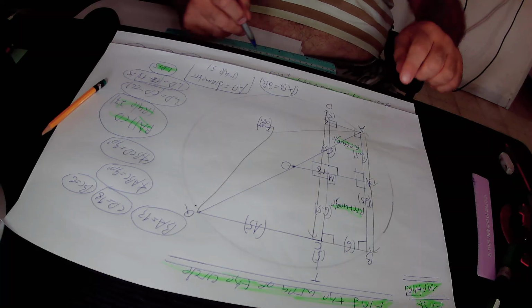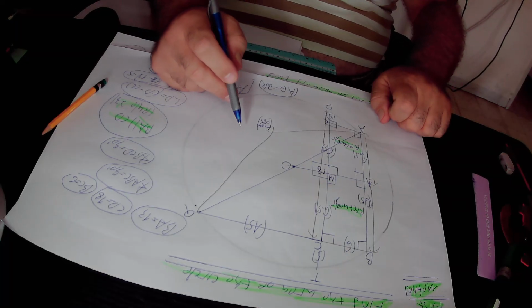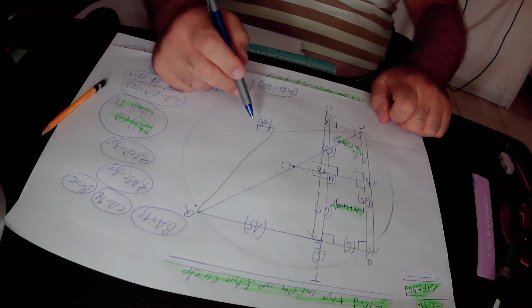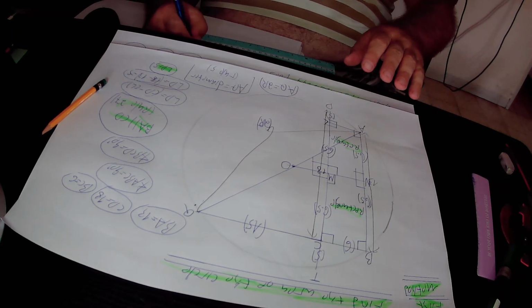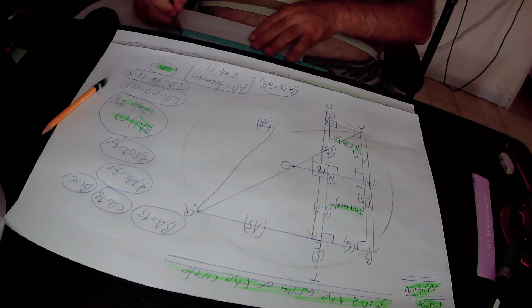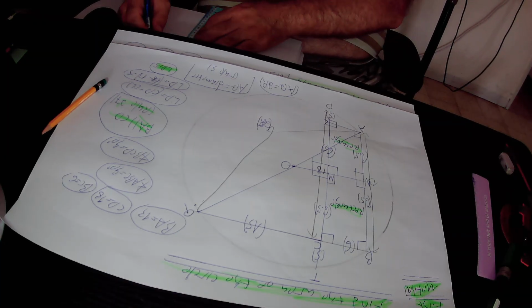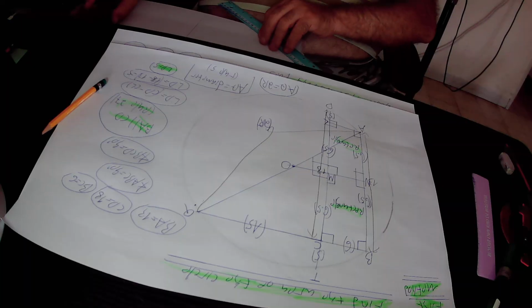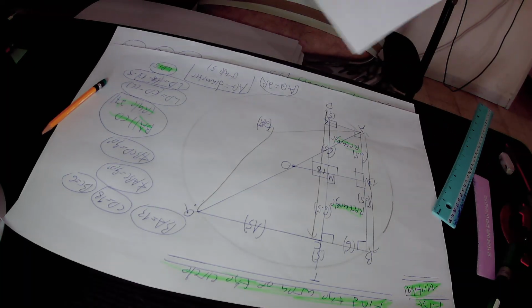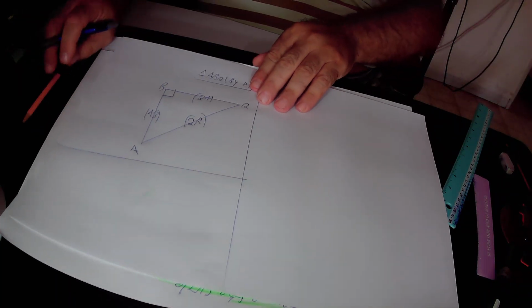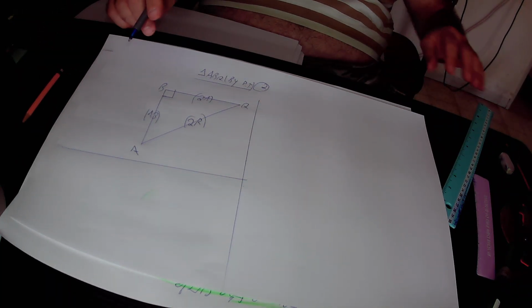And the hypotenuse AQ is the diameter of the circle, therefore it is equal to 2r. So this is the right triangle ABQ from the original drawing.